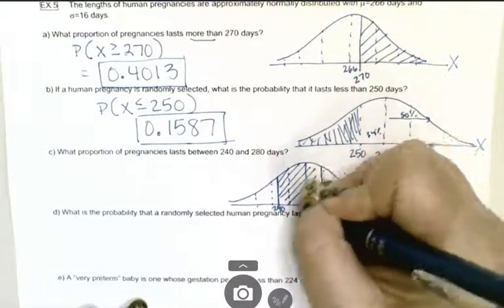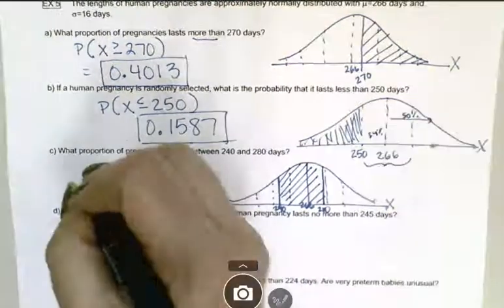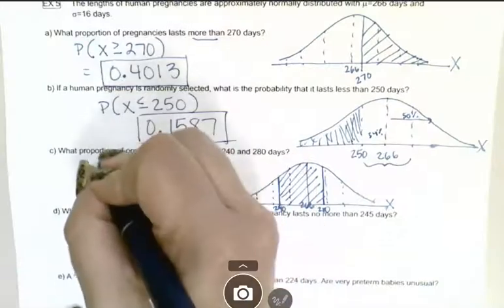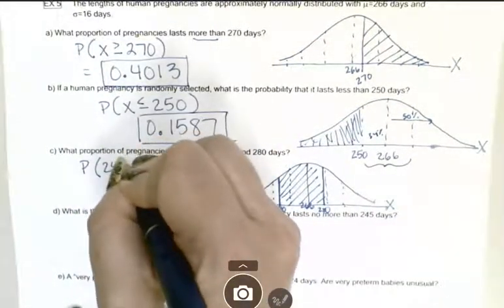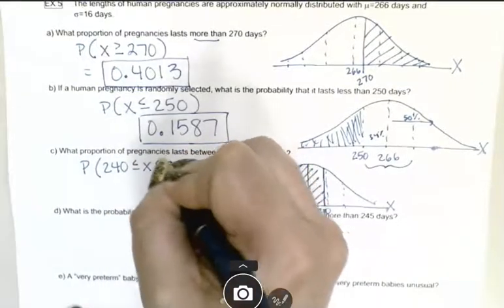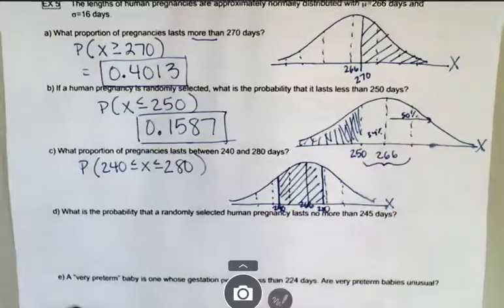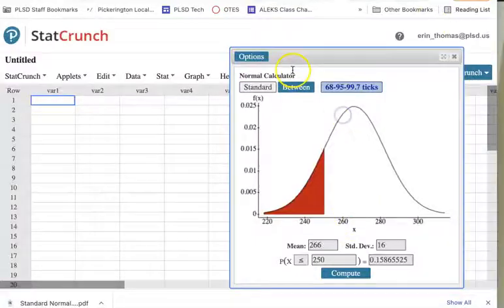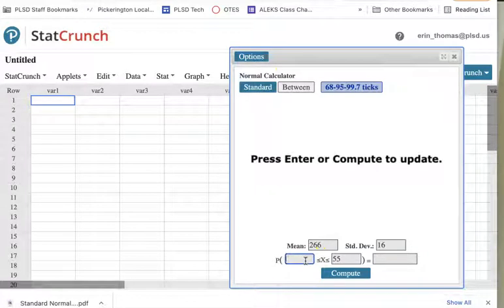And here is the area in question. Because I can use StatCrunch, I can flip it so that it's a between value. So I can actually type it in exactly like this into StatCrunch. So click on the between, in this case, between 240 and 280.